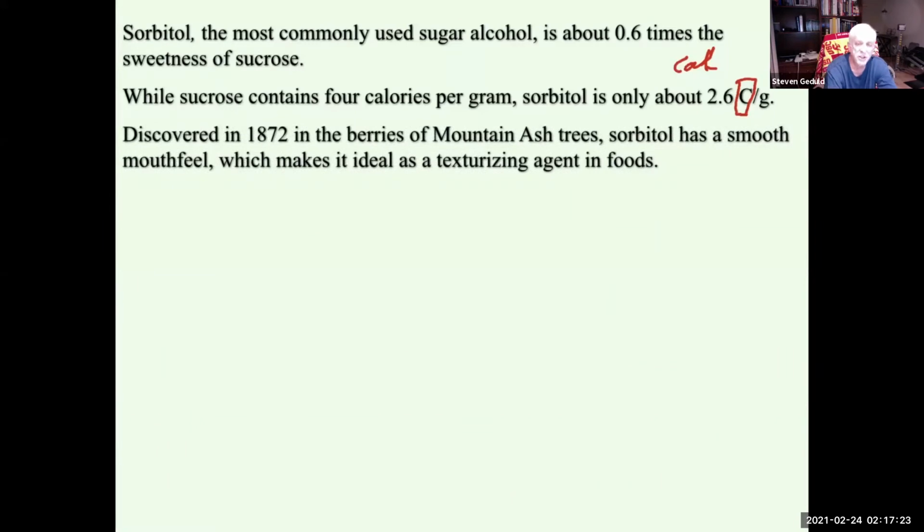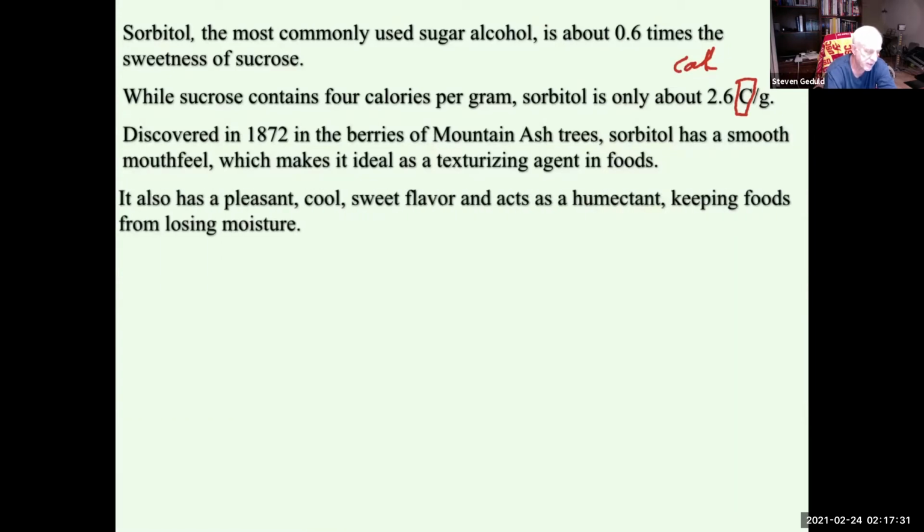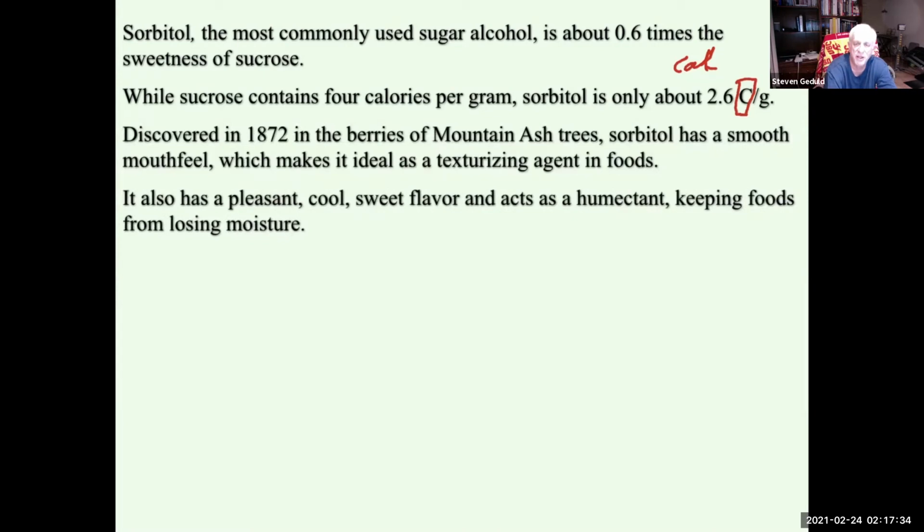Discovered in 1872 in the berries of mountain ash trees, sorbitol has a smooth mouthfeel, which makes it ideal as a texturizing agent in food. It's got a pleasant, cool, sweet flavor, and acts as a humectant, keeping foods from losing moisture because it absorbs the moisture.